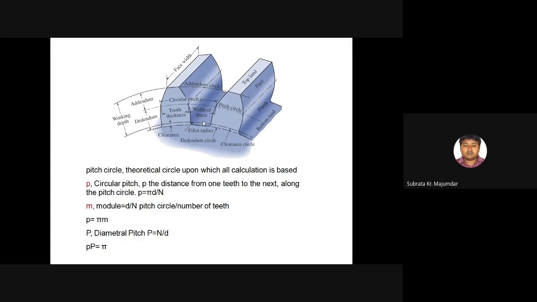Now we come to the pitch point. What is the pitch point? It is the common point of contact between the two pitch circles.